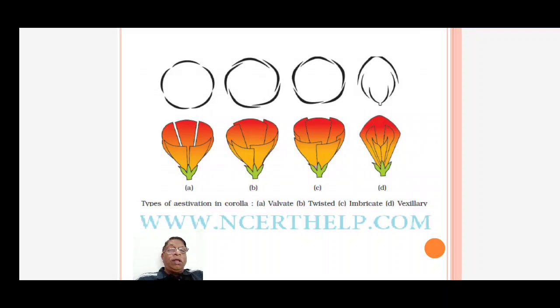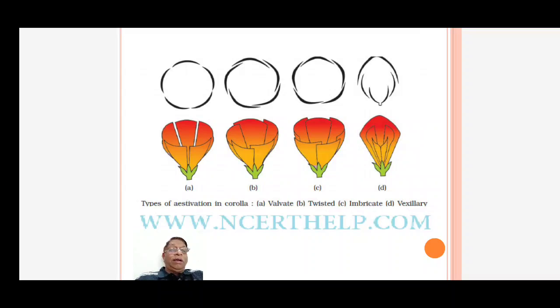Twisted. In the third diagram, you see, one is completely inside and one is completely outside. The remaining are in and out. That is margins. Imbricate.